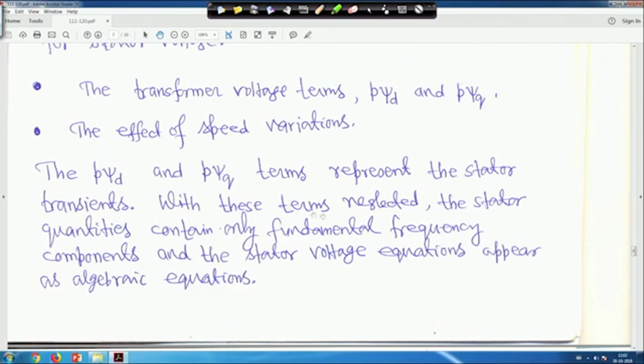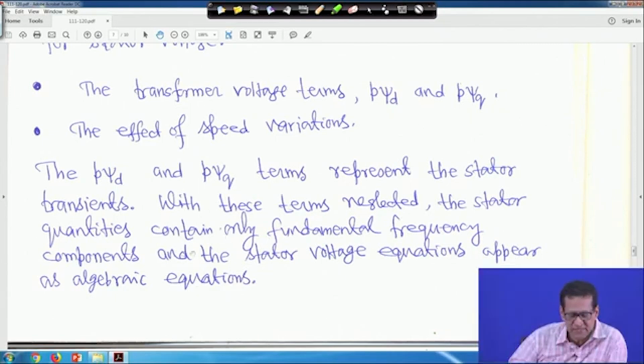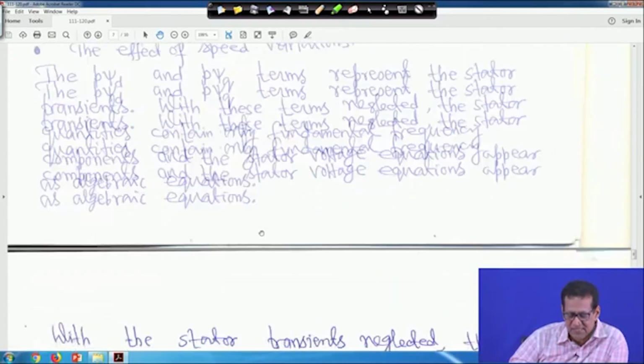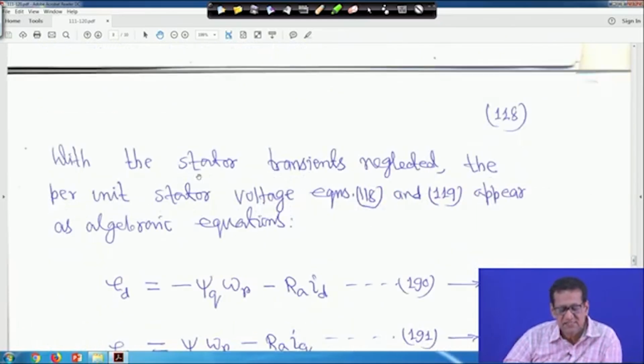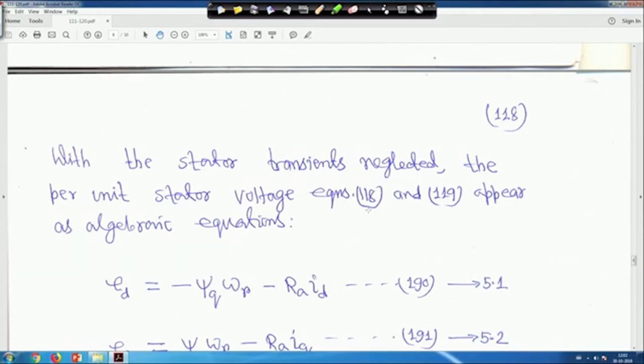With these terms neglected, the stator quantities contain only fundamental frequency components and the per unit stator voltage equations 118 and 119 appear as algebraic equations. So, P psi d and P psi q terms will be dropped in equations 118 and 119.